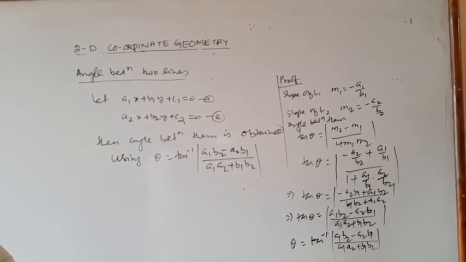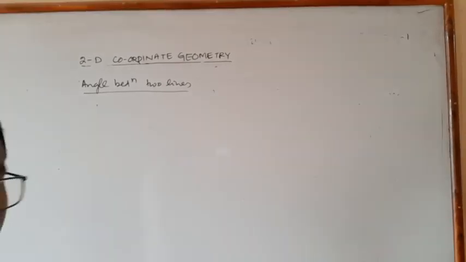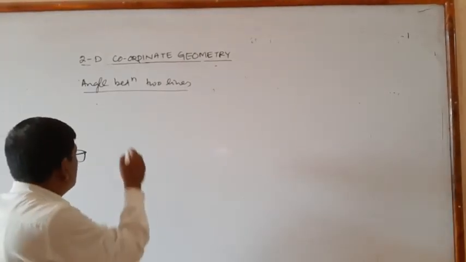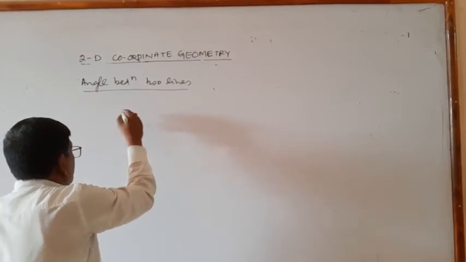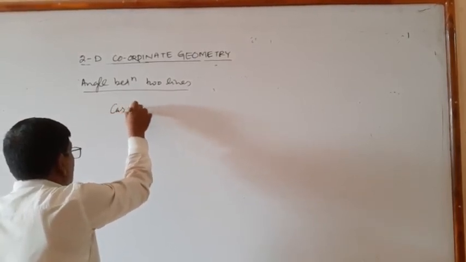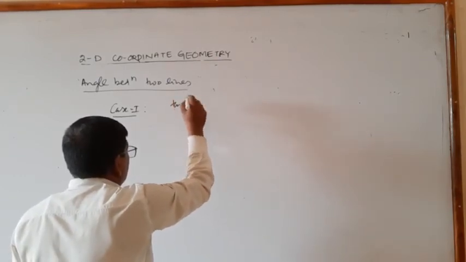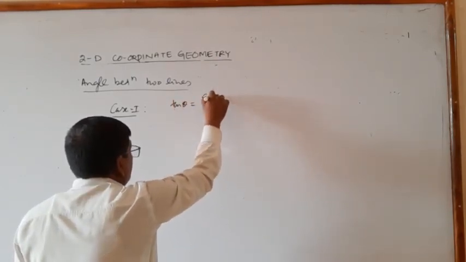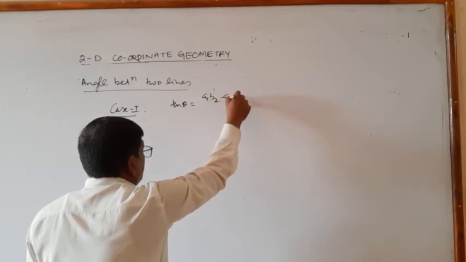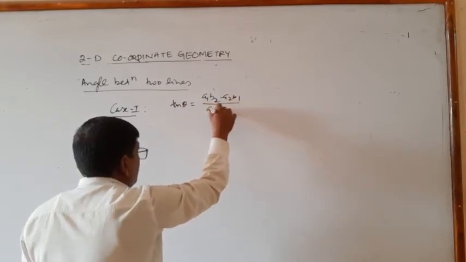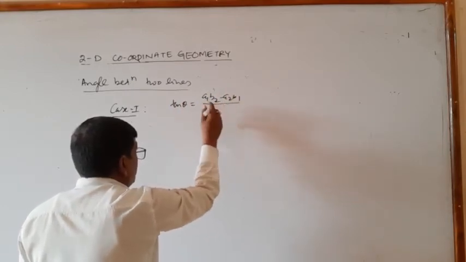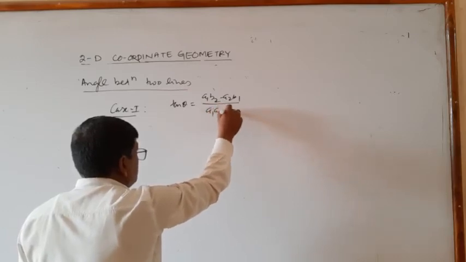Now one question. Suppose theta is equal to 90, case 1. Tan theta is equal to a1 b2 minus a2 b1 divided by a1 a2 plus b1 b2.